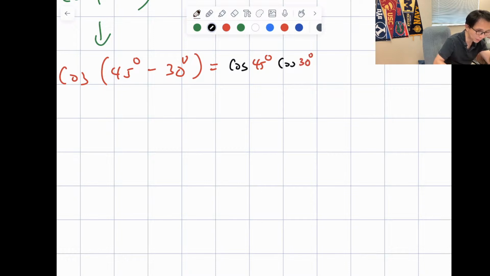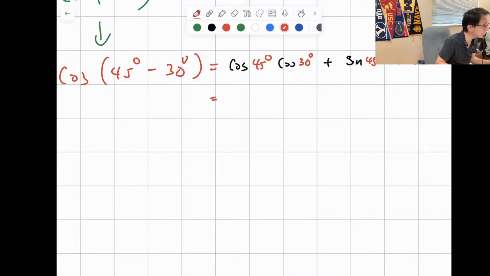Is that plus sign or minus sign here? Good, because it's opposite. Okay, what's the other side? 45, cosine 30. Is that okay? Everybody understands this? Fairly easy, right?